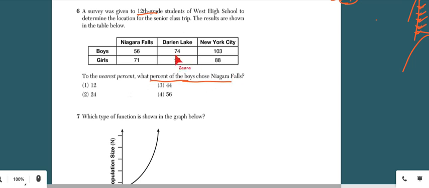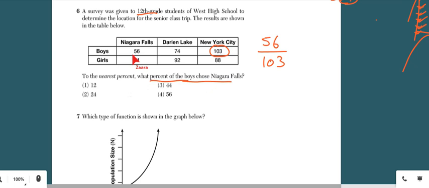They are only talking about boys, not the total. So 56 students out of 103 chose Niagara Falls. So you have to convert it into a percentage.